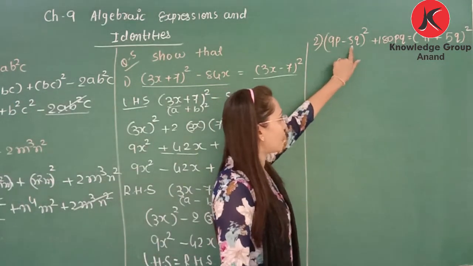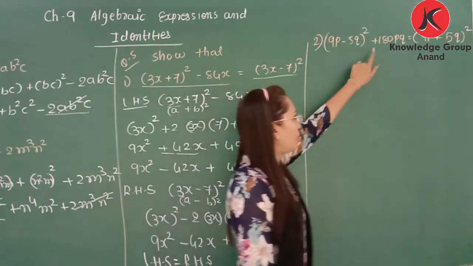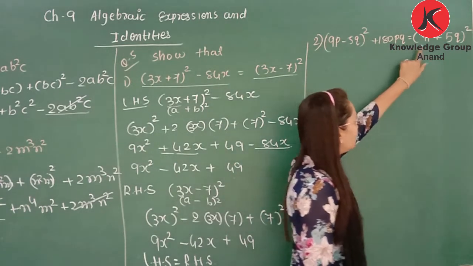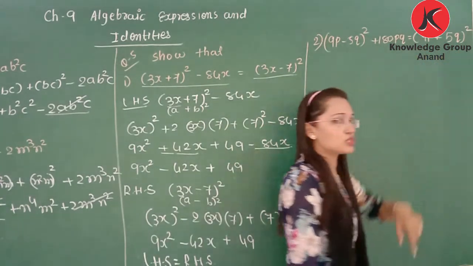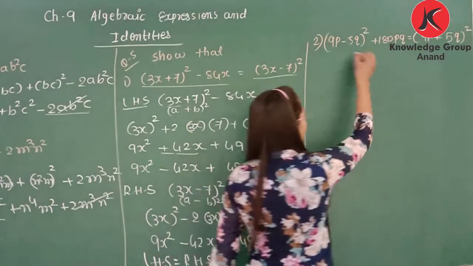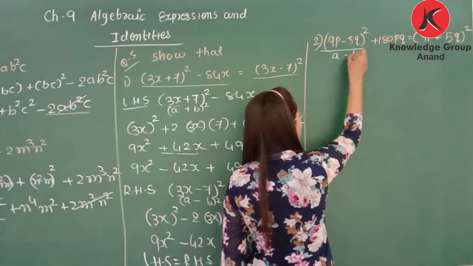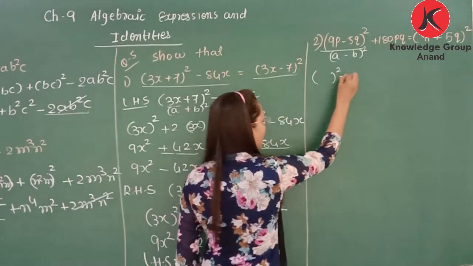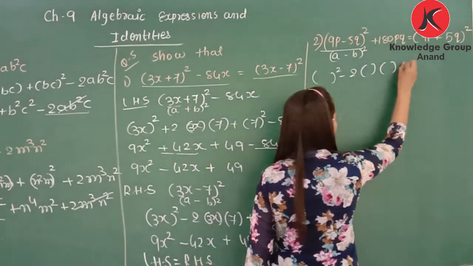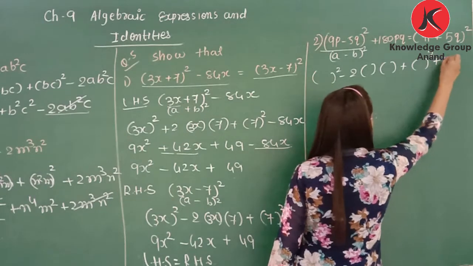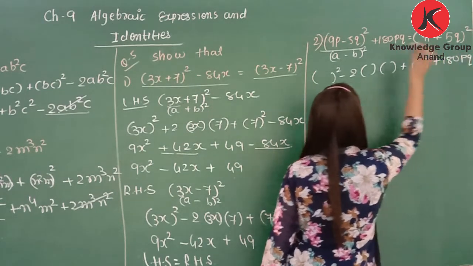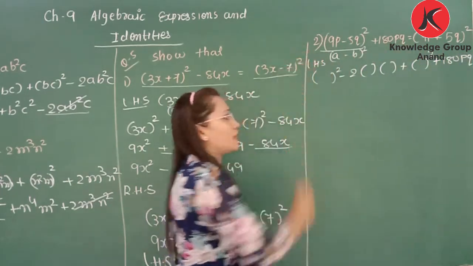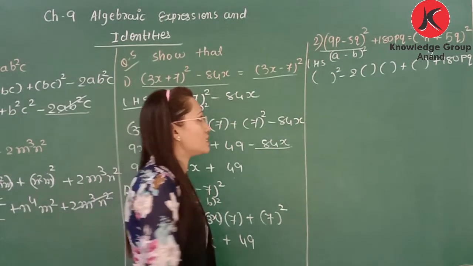Now next, question number 2. (9p minus 5q) whole square plus 180pq is equal to (9p plus 5q) whole square. So here, this is (a minus b) whole square. So we simplify, it is a square minus 2ab plus b square, and plus 180pq as it is. This is our left hand side. First of all, we simplify the left hand side.